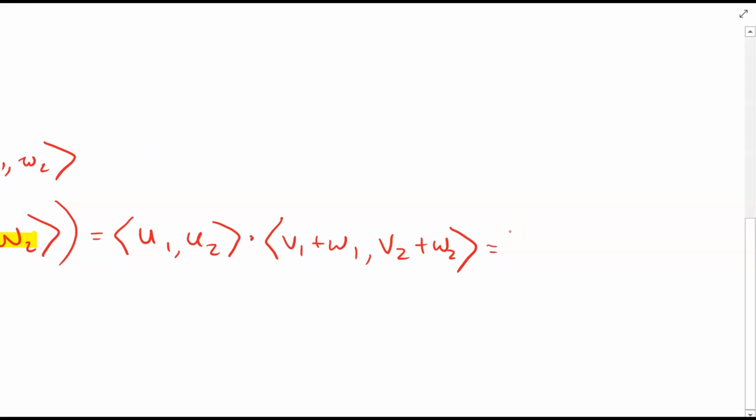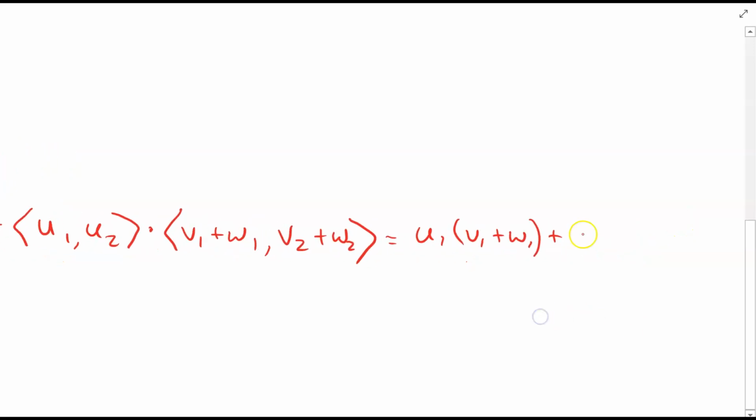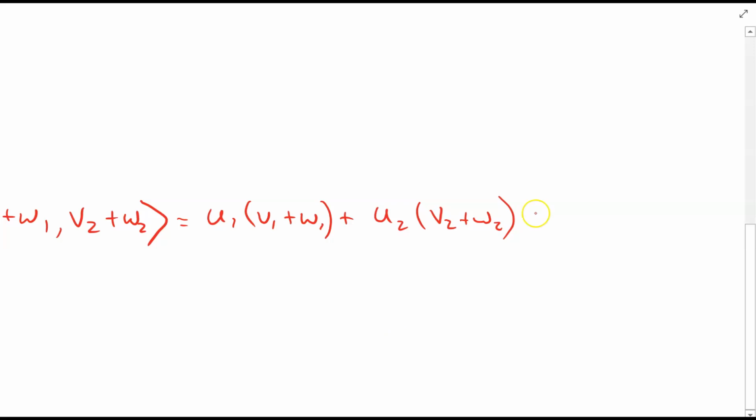Now I'm going to use the definition of a dot product. So the dot product says I multiply the first components together and then add that to the second components multiplied together. Everybody okay there? So now it seems obvious that the next thing I should do is distribute.